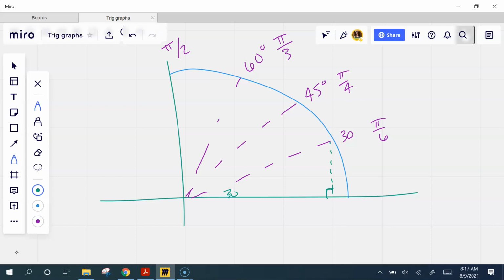So to go from hypotenuse to short leg on a 30, 60, 90 triangle, you divide by 2, right? And then square root of 3. So this is square root of 3 over 2. So the coordinates there would be over the square root of 3 over 2 and up 1/2.